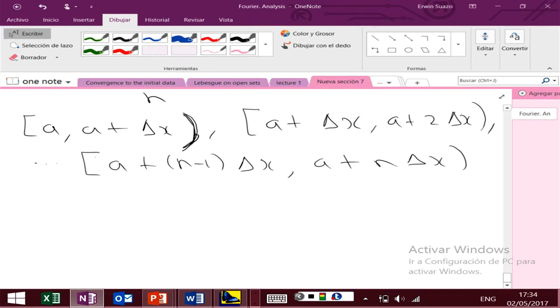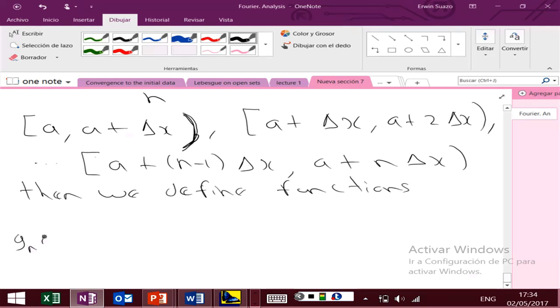Then we define the functions. G sub n of x equals the inf of f of x, where x belongs to the corresponding n interval.